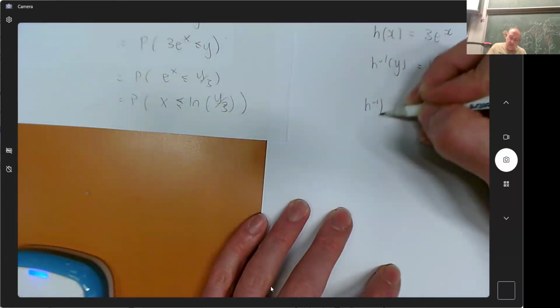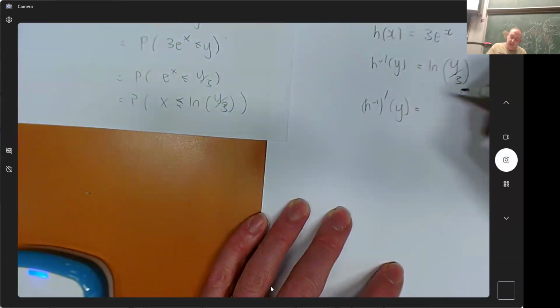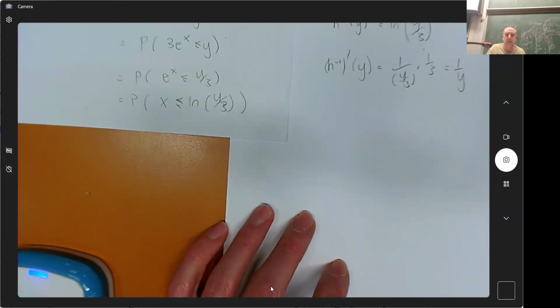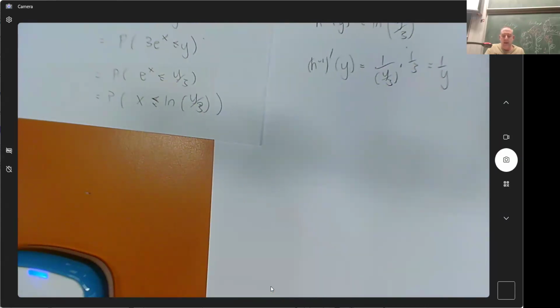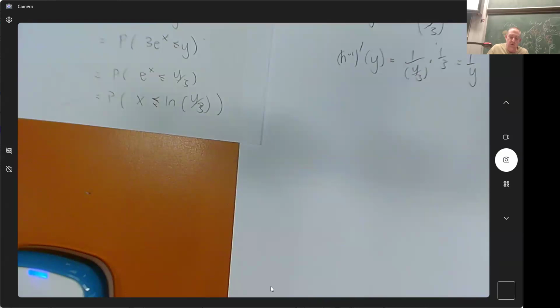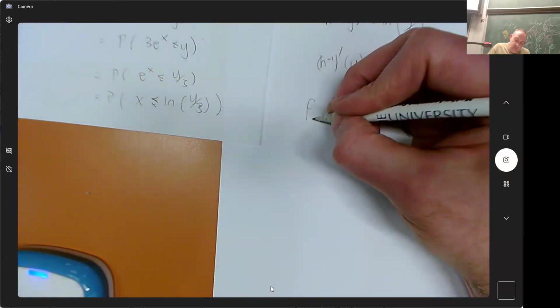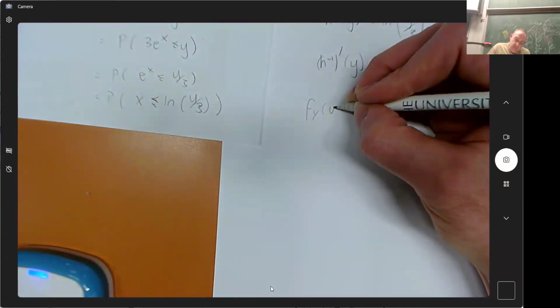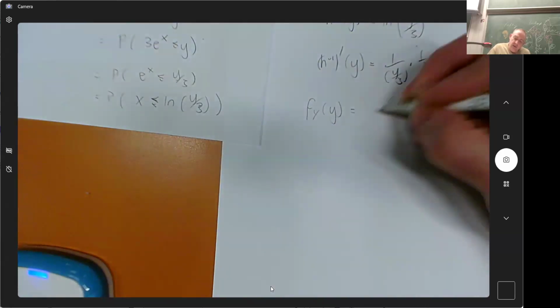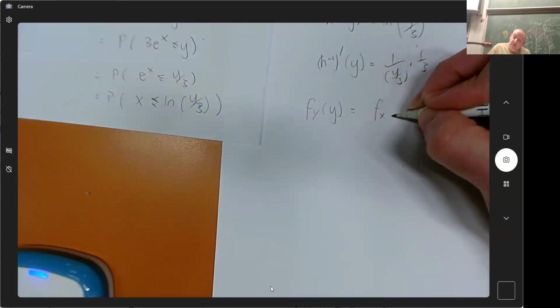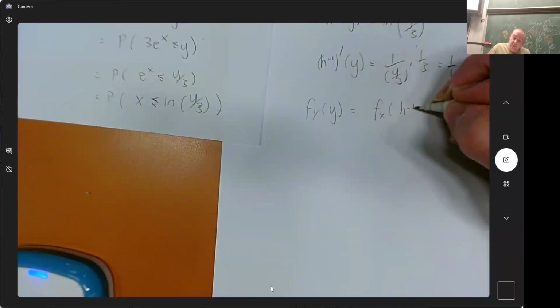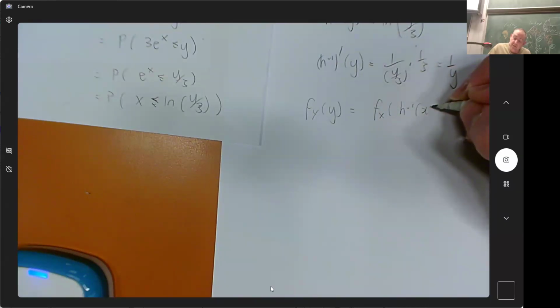And h inverse dashed of y is 1 on y/3 times 1/3, which is 1 on y. And to do the transformation method, I'm almost certain that we will have that little f_Y(y) will be f_X of h inverse of x.